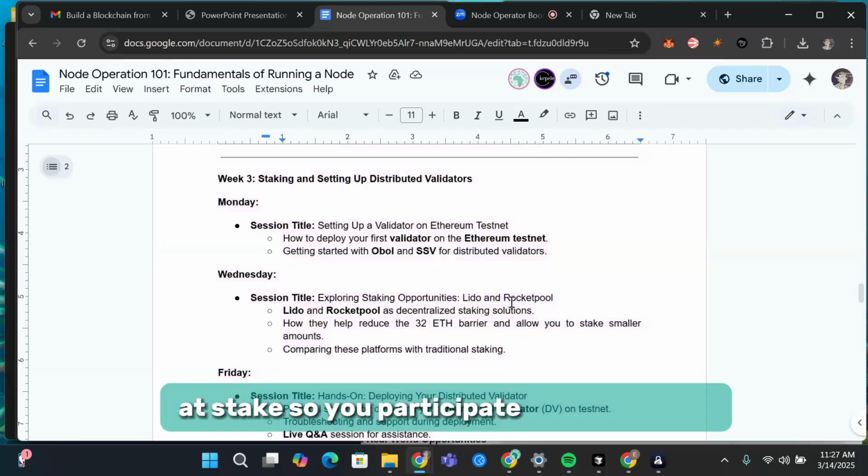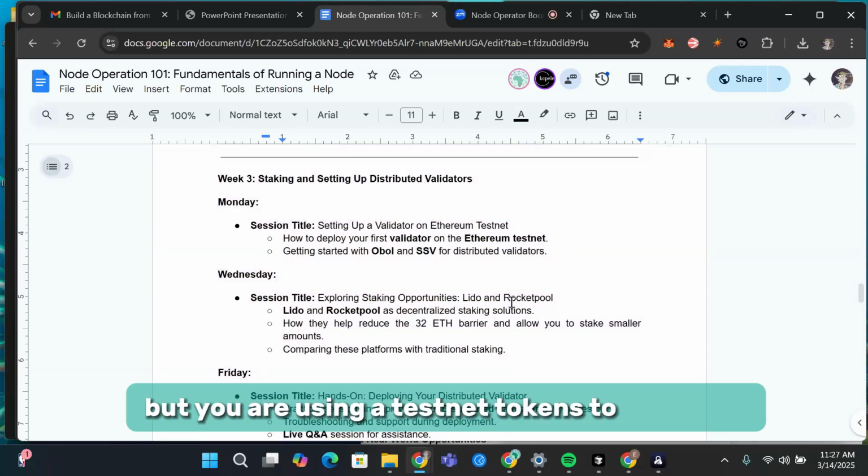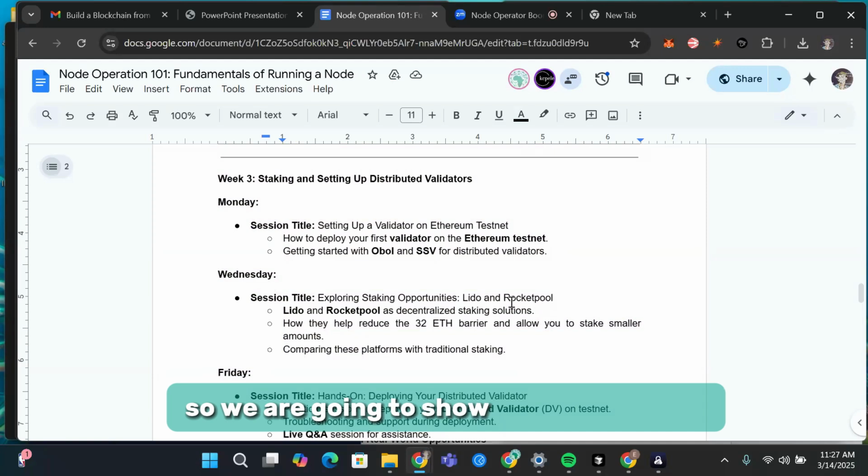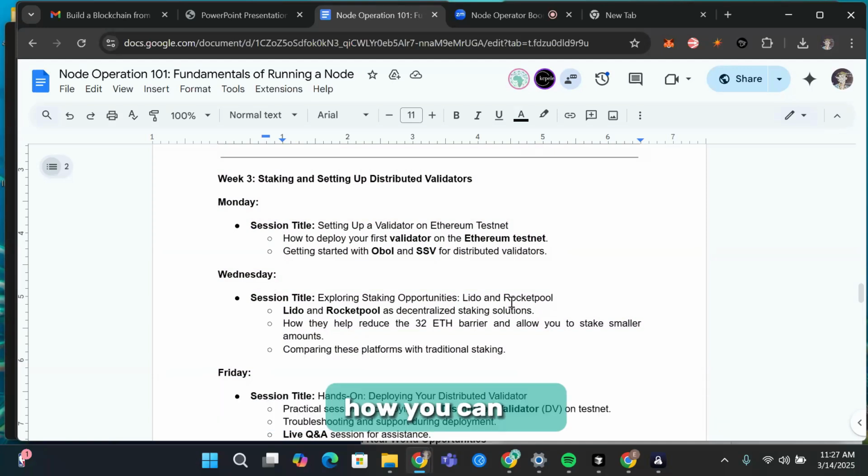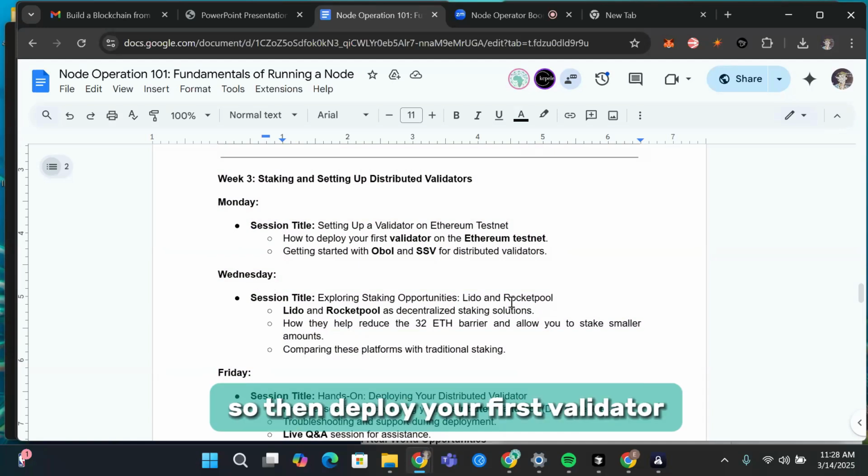So you participate in the network, but you're using testnet tokens to do that. We are going to show you how you can achieve all of this, and then deploy your first validator.